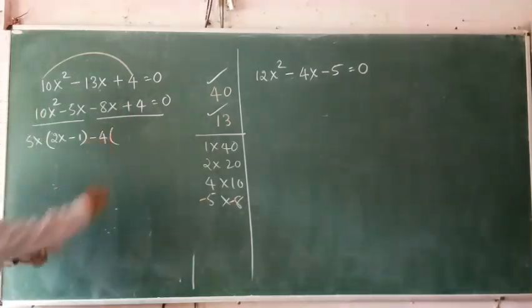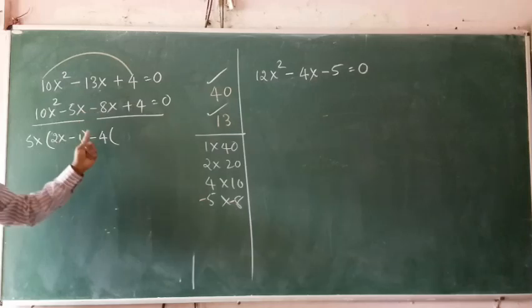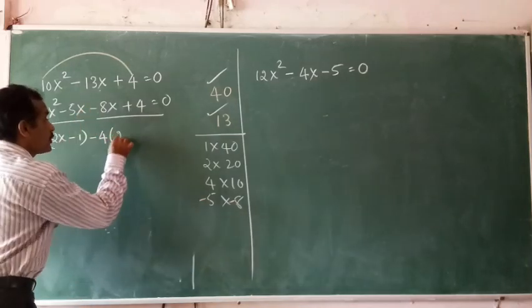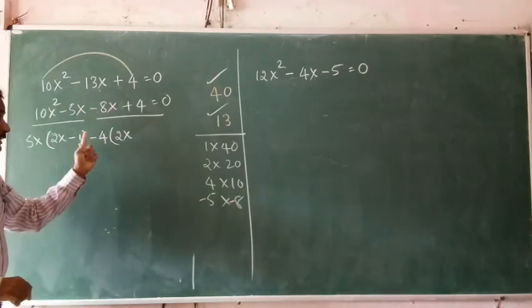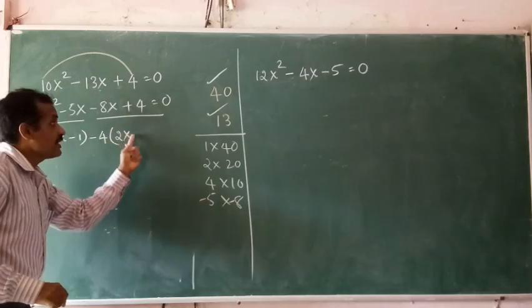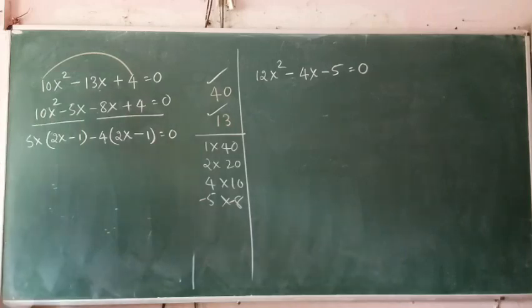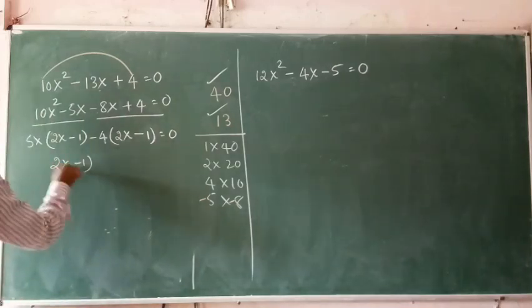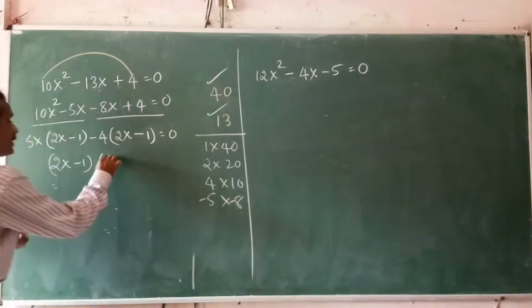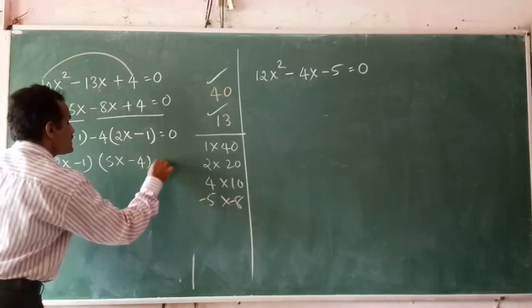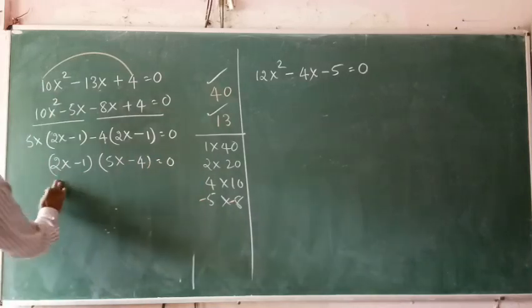Minus 4 as common. So 4, how much is 8? 4 2s are 8. I have told you whenever the minus sign is common, the sign will change, plus becomes minus, 4 1s are 4, is equal to 0. It is (2x minus 1)(5x minus 4) is equal to 0.